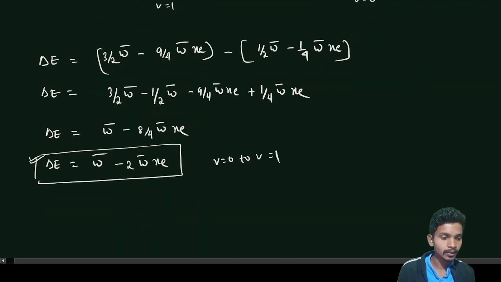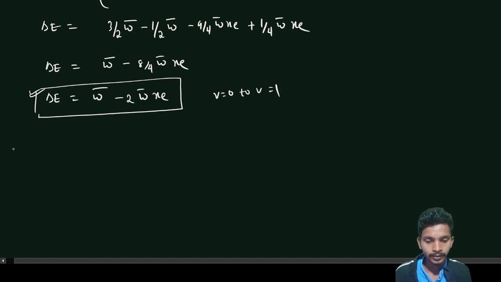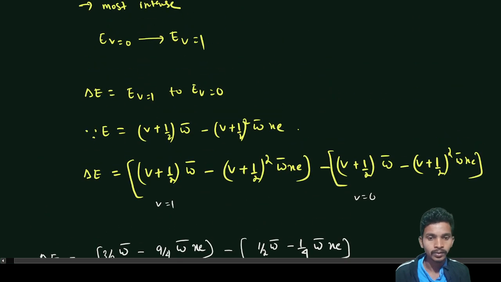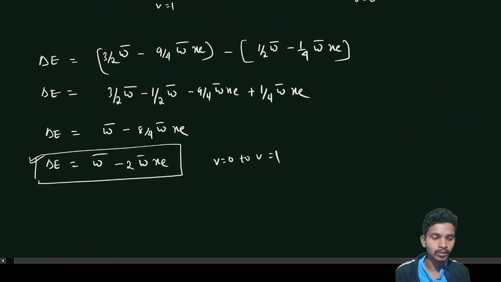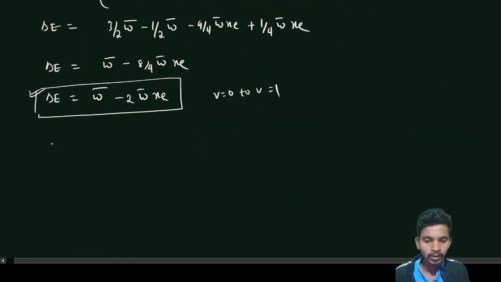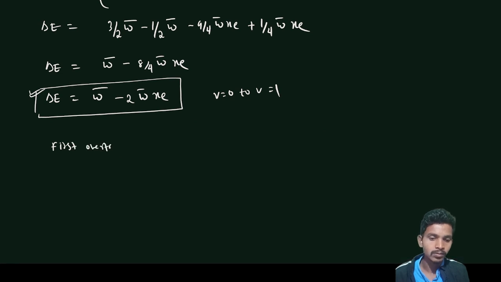Also we can do transitions that we call the first overtone, that is, v equal to 0 to v equal to 2.